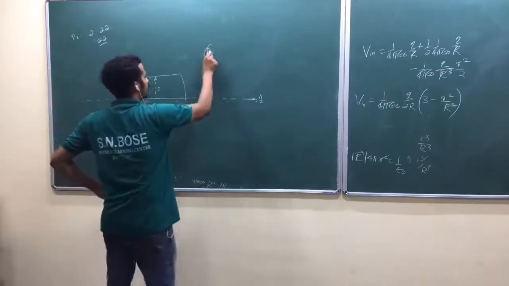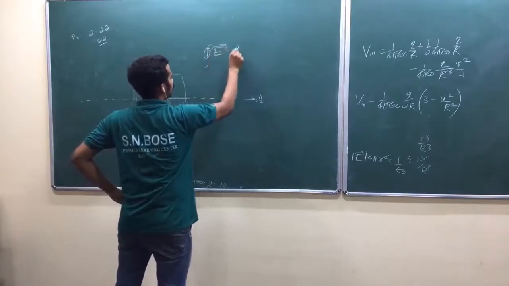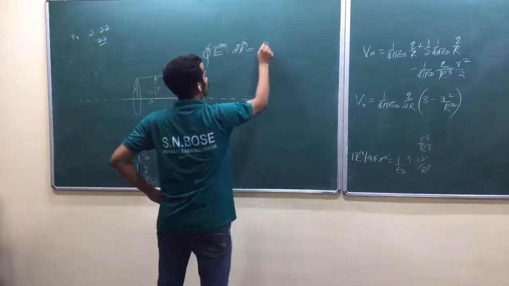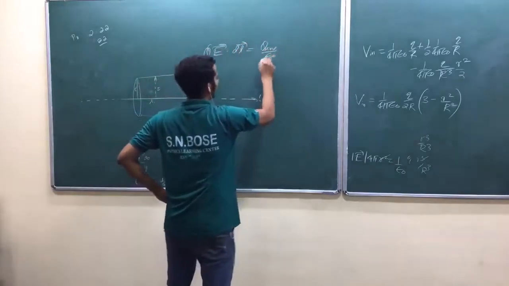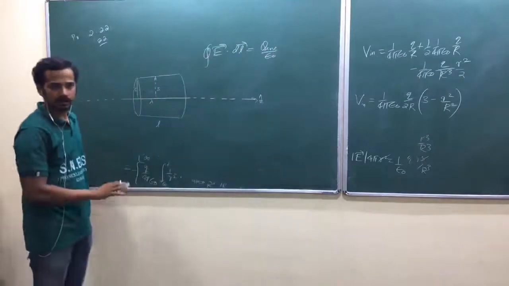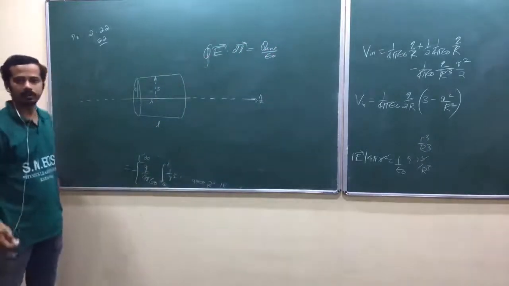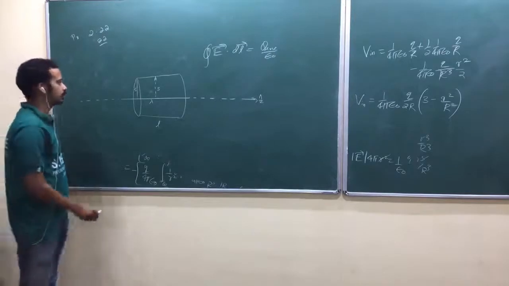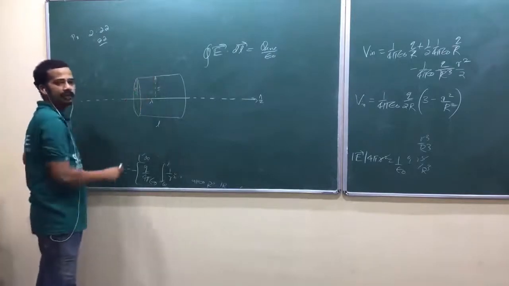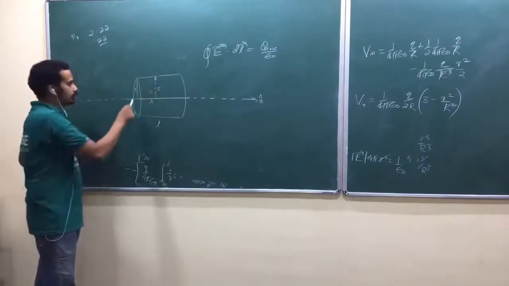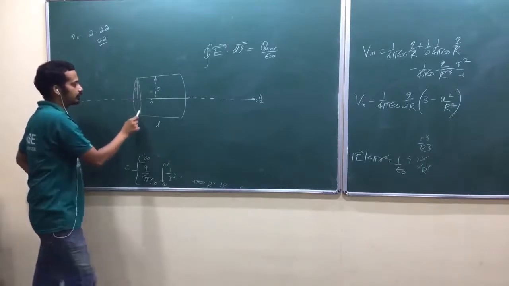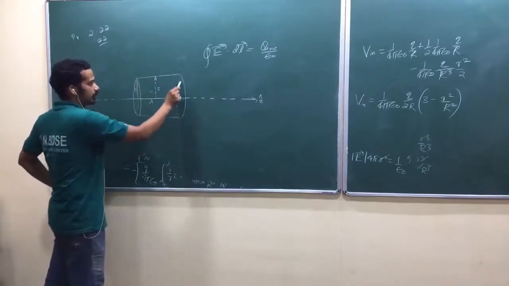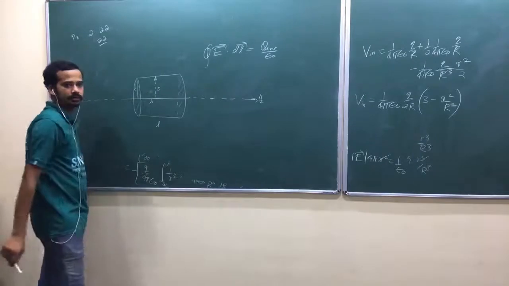Now look here. We have to apply Gauss law: closed integral of E bar dot dl bar is equal to Q enclosed by epsilon naught. Again, all arguments are almost similar. One more thing: the electric field is along the S cap direction. So the flux through these edge surfaces is 0.